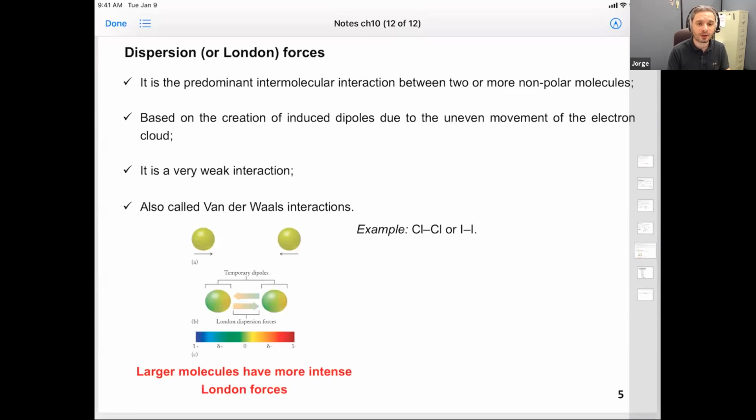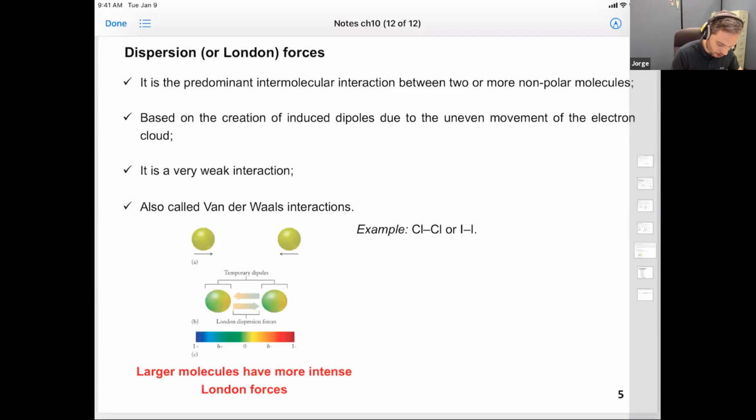And of course, the weakest interaction possible is when you don't have a charge or anything that resembles a charge, therefore nonpolar molecules. Nonpolar molecules do not have a well-defined positive and negative dipole.